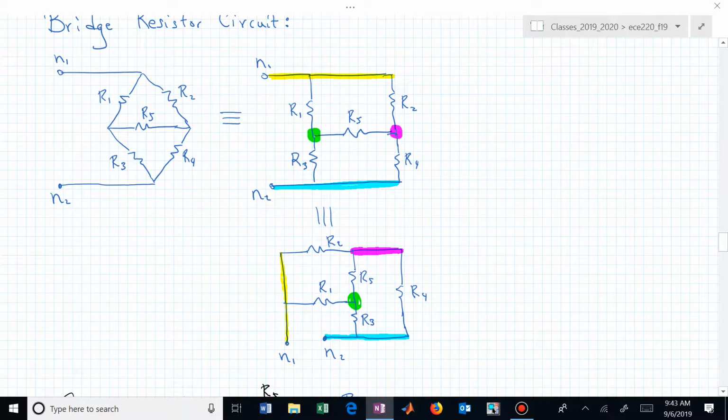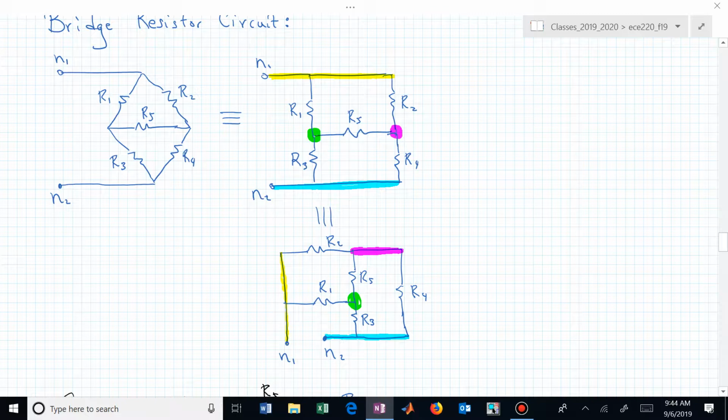That now places R2 in a horizontal position, and R1 is also horizontal. I've now gone counterclockwise with that magenta highlighted node and expanded it in such a way that R sub 5 now is also vertical. But I am still maintaining the exact same interconnections of R1 through R5. I haven't changed how those resistors are interconnected.